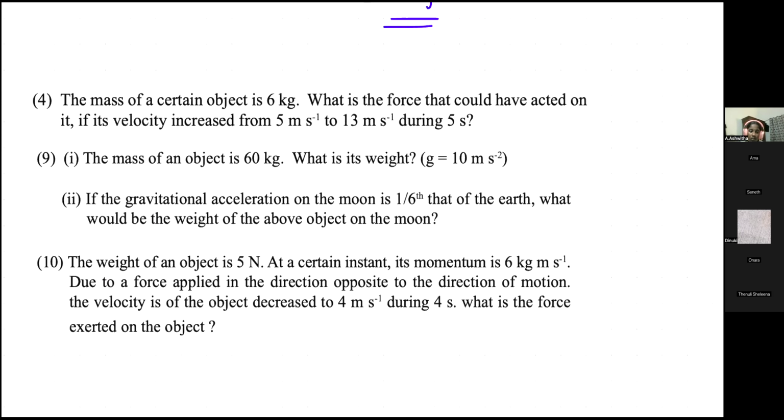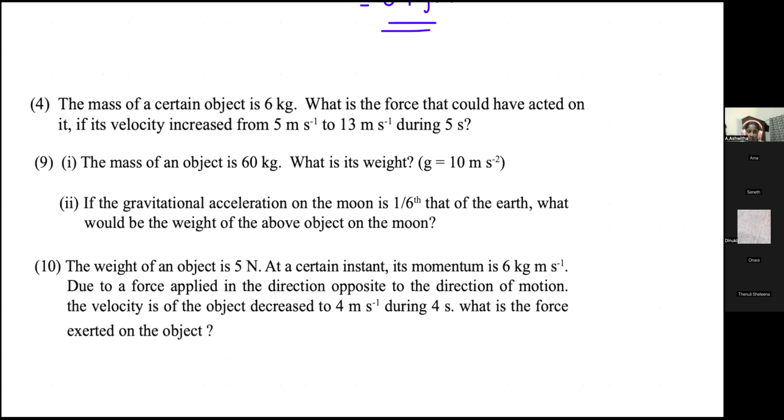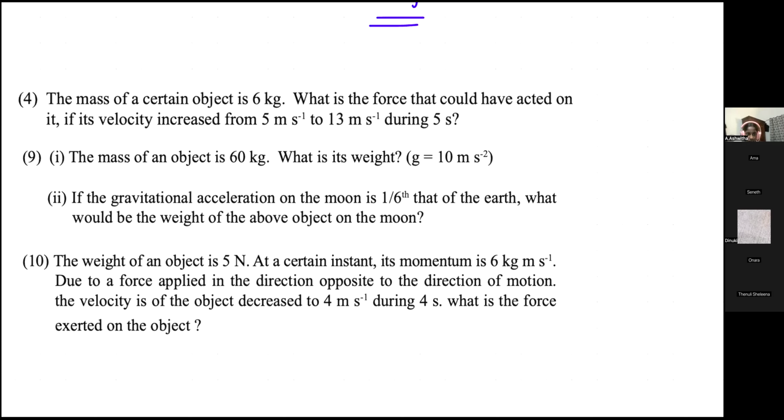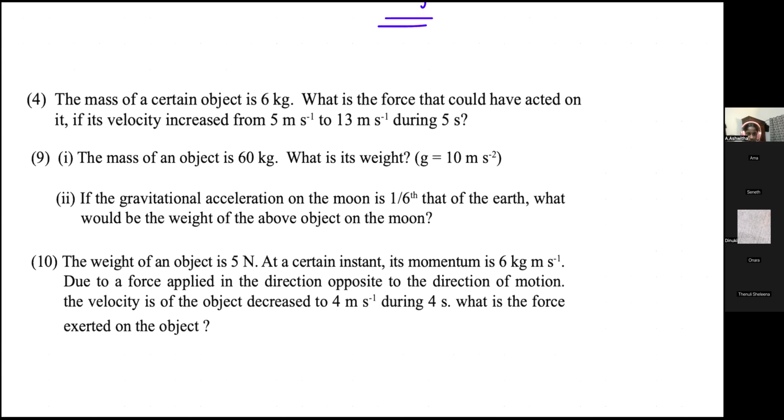So here what has happened is that now the object, the mass is already given. Okay, they are asking us the force, right? Velocity වැඩි වෙලාලු 5 ms minus 1 ඉඳන් 13 ms minus 1 වෙනකම්. If velocity has increased, we know it's clearly acceleration, right?